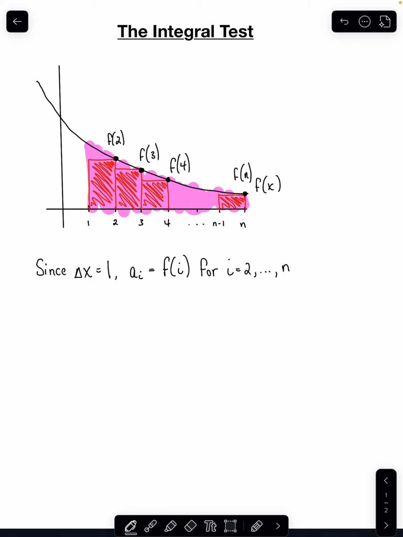So if I add up the areas of all of the rectangles, the sum from 2 to n of a sub i, this is the sum of each of the rectangles, that would be less than the area from 1 to n under the curve.